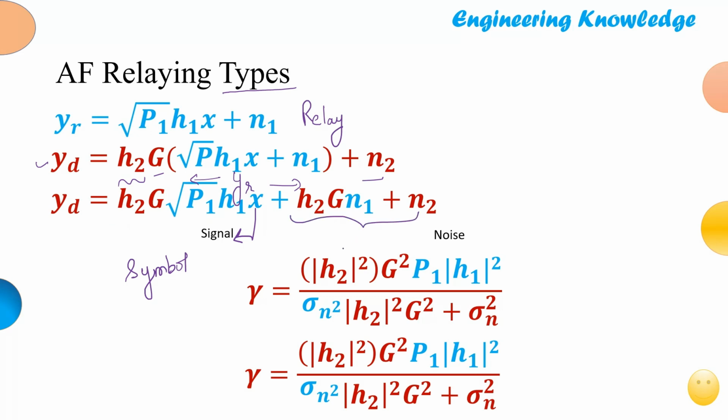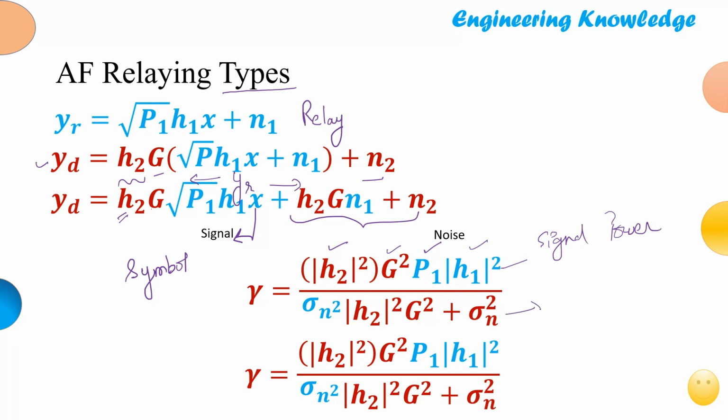So if I write the signal to noise ratio, as I have written earlier also, it will be mod H2 square, coming from this component, and G square, because I have written G. So the square of G will be the power, and square root of P1 squared is P1, and mod H1 square. So this is the signal power in the numerator.